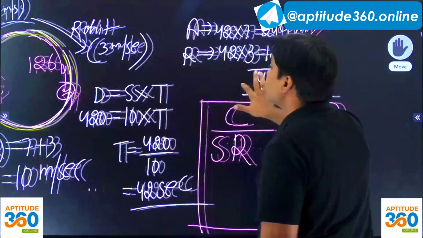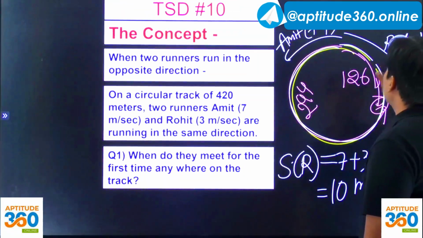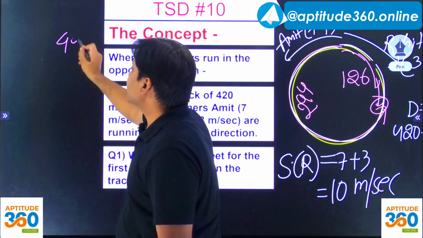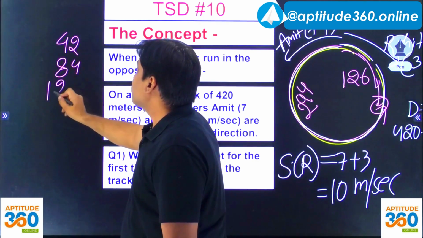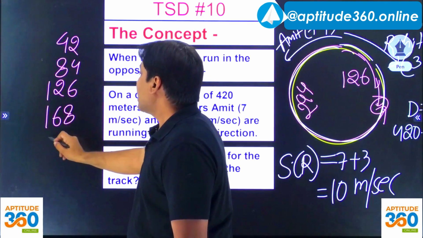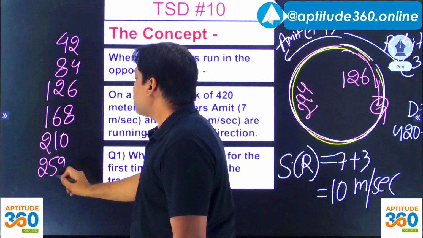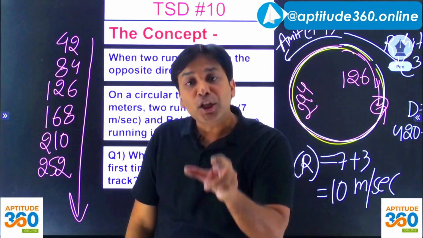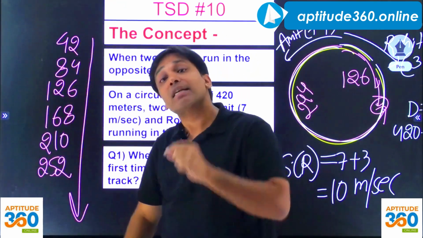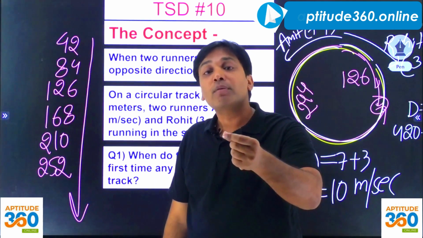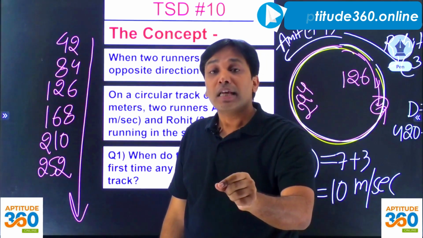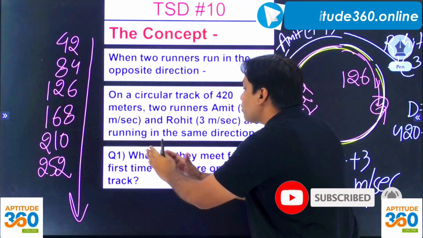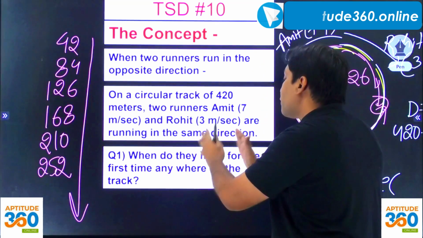And if they meet at 42 seconds, it also means they are going to be meeting each other after every 42 seconds. So they will be meeting at 42 seconds, and then this is going to be 84, and then 126, and then 168, and then 210, and then 252, and so forth and so on. They will keep meeting. So after every 42 seconds they are going to be meeting each other anywhere on the track. Now in this time, one of the meetings could be at the starting point. If the problem says they have to meet each other at the starting point, then we will have to think afresh. But I hope your understanding is clear as to how we should be dealing with this problem when it says when do they meet for the first time anywhere on the track.